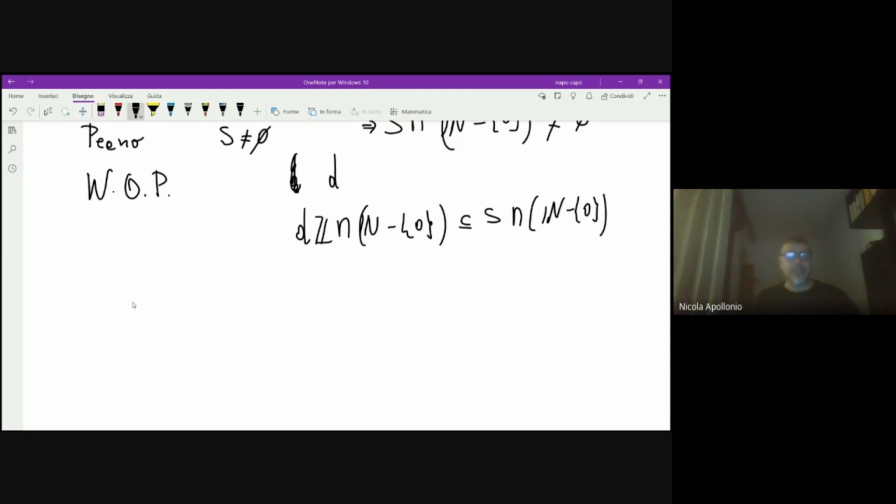These two sets are equal, and this is true because, again by the well-ordering principle, this time via the Euclidean division. Suppose for contradiction that there is an element n in S, and now I forget for a while this intersection, but suppose there is an element n in S which is not a multiple of D. So if it's not a multiple of D, the Euclidean division says that you can approximate n from below by a closest multiple.